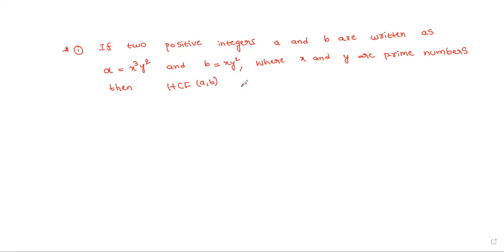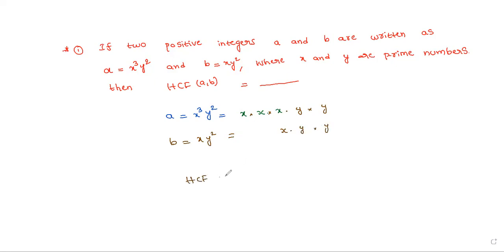So a and b are two numbers. Here a number is x cube y square. x cube is written as x into x into x. y square is written as y into y. The b value is x y square, x into y into y.